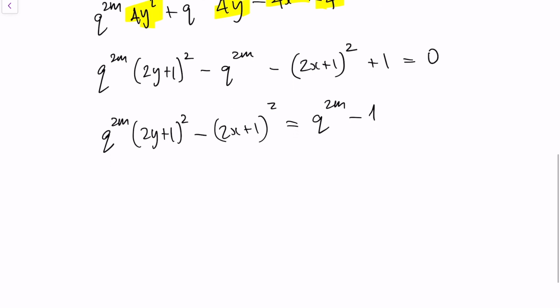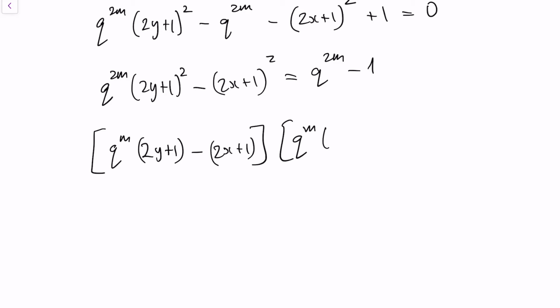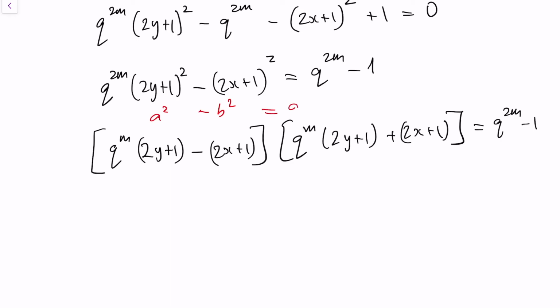Now using the difference of squares, q to the power of m times 2y plus 1, let me use square brackets for that, minus 2x plus 1, times q to the power of m times 2y plus 1, plus 2x plus 1. If you haven't quite followed it, all I'm doing is that a squared minus b squared is equal to a minus b times a plus b.